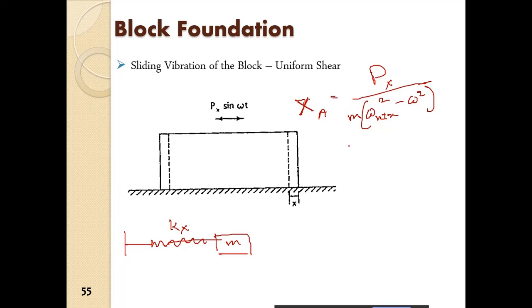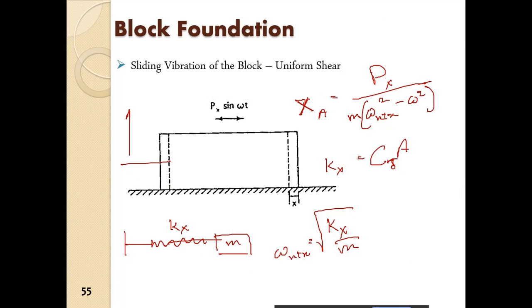Kx will be given by C tau into A, and omega n tx will be root over Kx by m, just as in this case. Only, in the previous case it was in the z direction, in this case it is in the x direction.